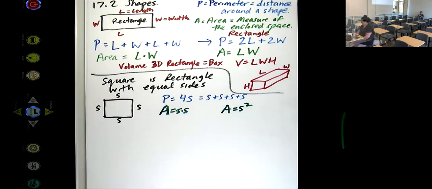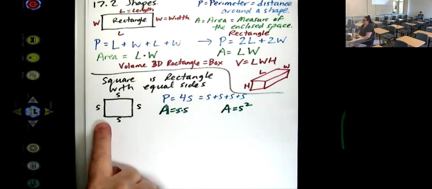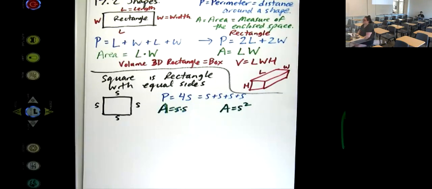Same thing with the volume of a cube here. A 3-dimensional cube is just multiplying by the height again, but the height has the same length as another s. So volume here would be s cubed.